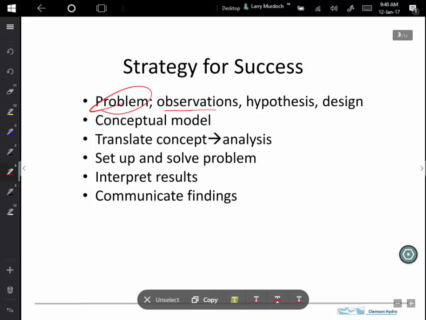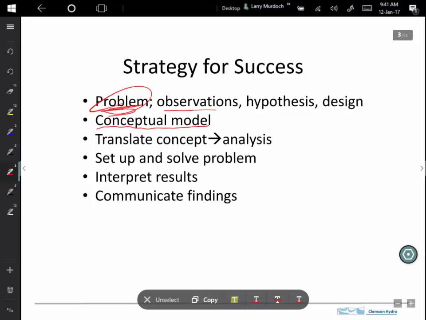So the way to success, though, is to take that problem, simplify it down into a more simple form, a conceptual model. It still, at this point, is qualitative, although maybe it has dimensions at this point. But it doesn't have real numerical results.